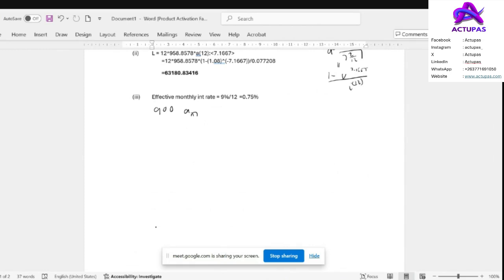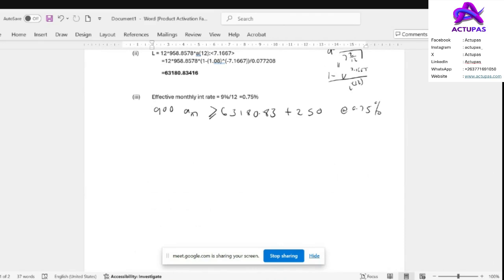This is what we want to know. It should be greater than the amount remaining of 63,180.83 plus your 250, because there is an additional 250 required, and this is at an interest rate of 0.75%.